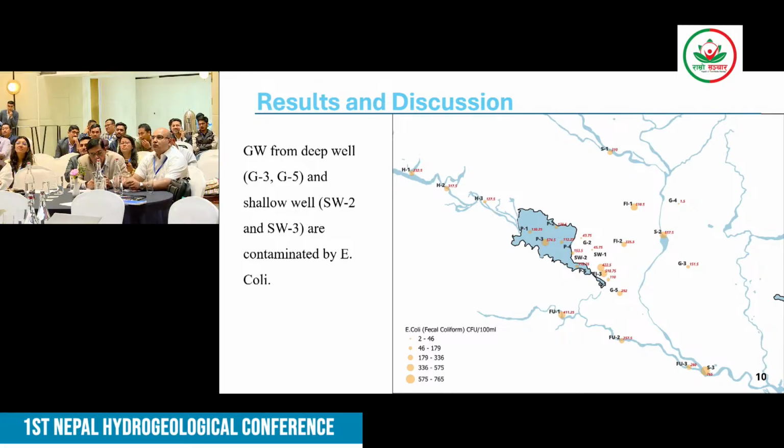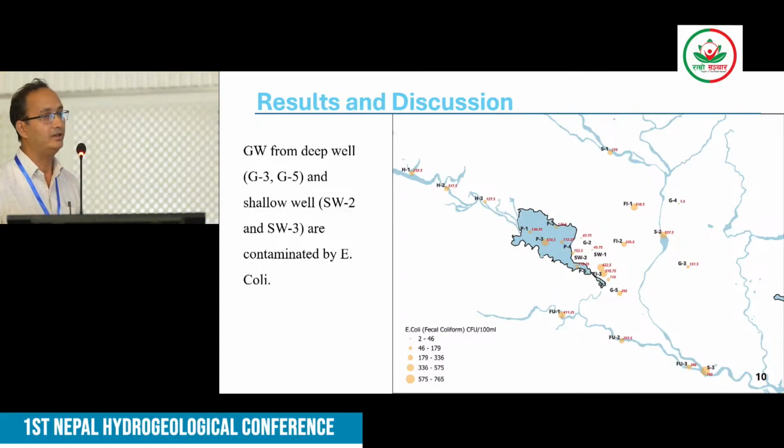So in this plot, we just did the spatial distribution of the E. coli contamination and the concentration.